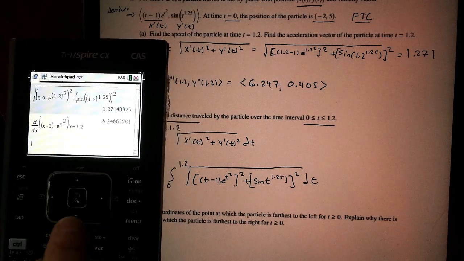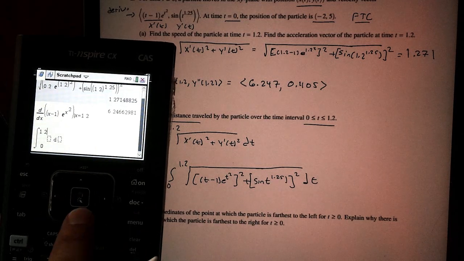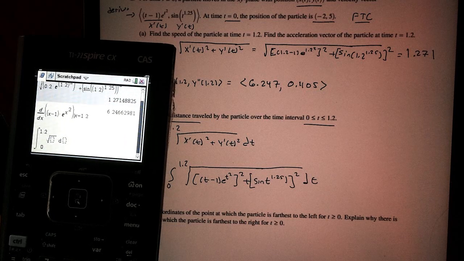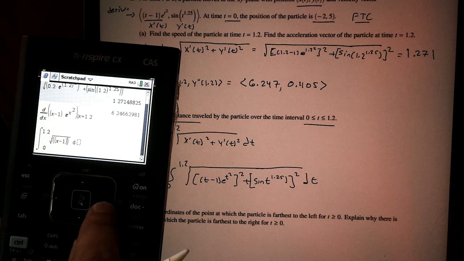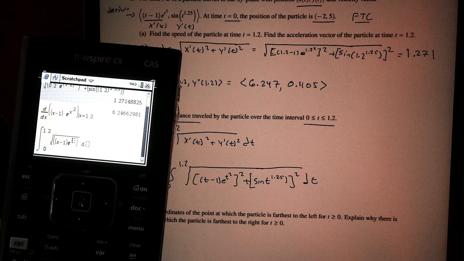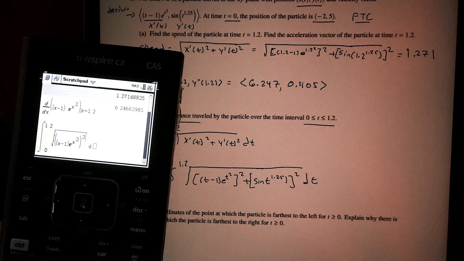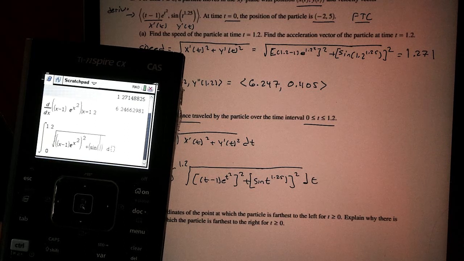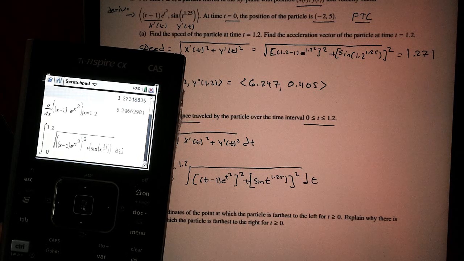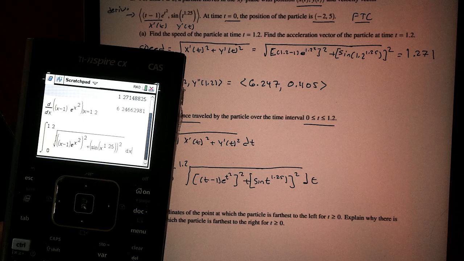Alright, so when I type this in, menu 4.3, we're going to go from 0 to 1.2, the square root of, parenthesis, x minus 1, times e to the x squared, squared, plus, open a parenthesis, sine to the x to the 1.25, square that, and then don't forget your differential, the dx. Alright, let's see if this works.